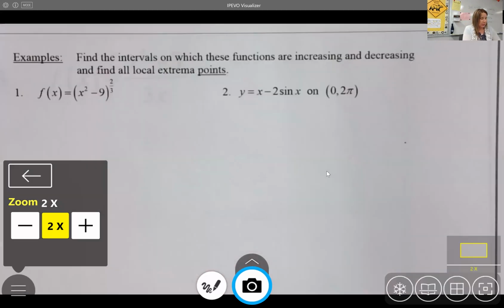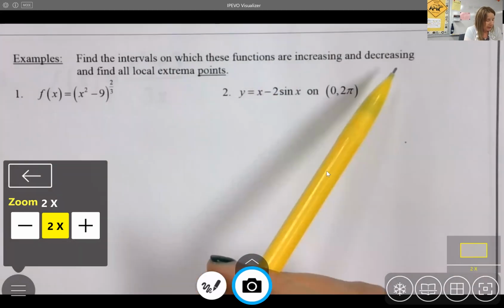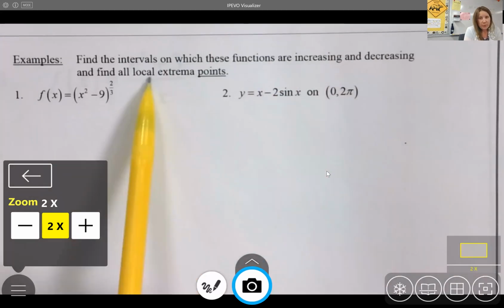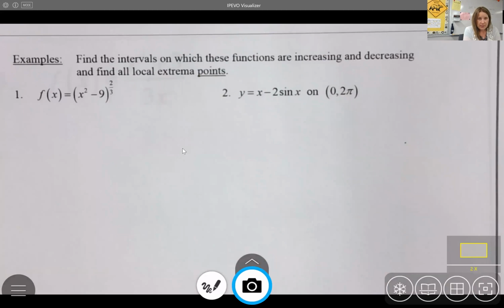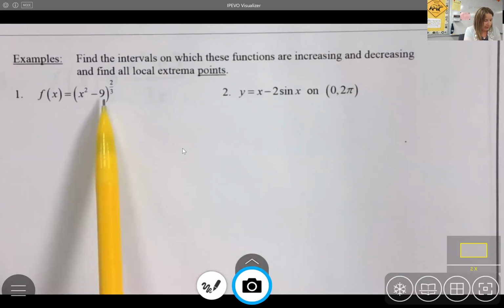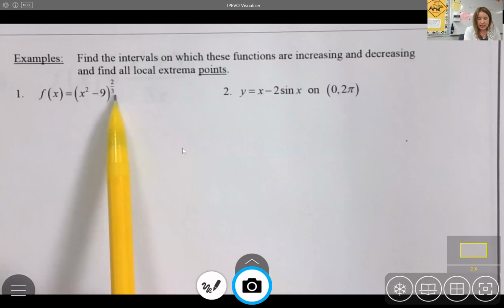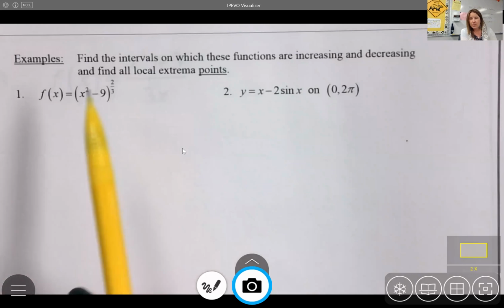Okay. This instruction says find the intervals on which these functions are increasing and decreasing and find all local extrema points. Because it says local, we know we're looking for relative, or local is the same thing. From the 2/3, I know this is a cube root type graph, but because it has this x squared, it's probably going to have a little more character.